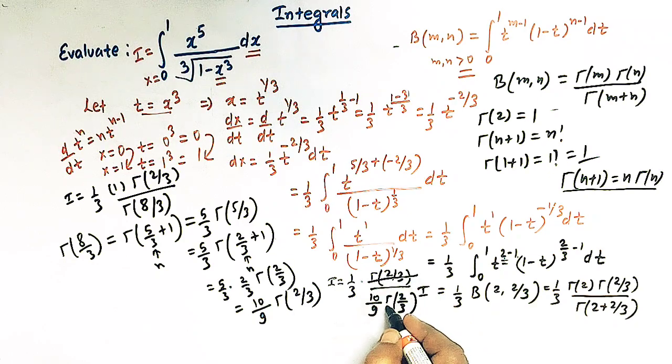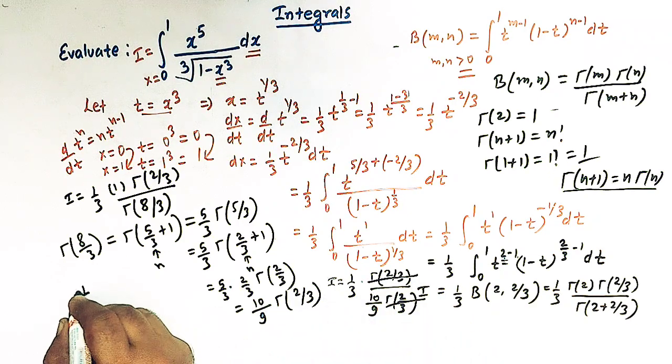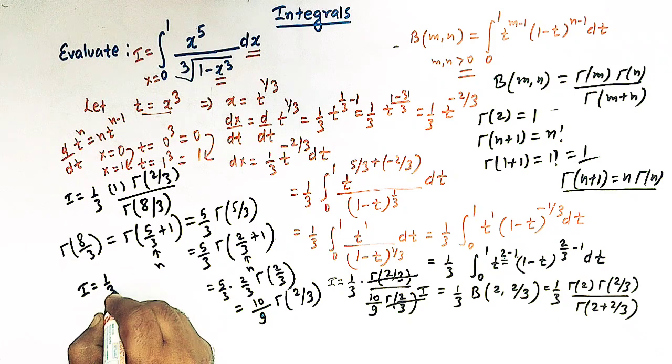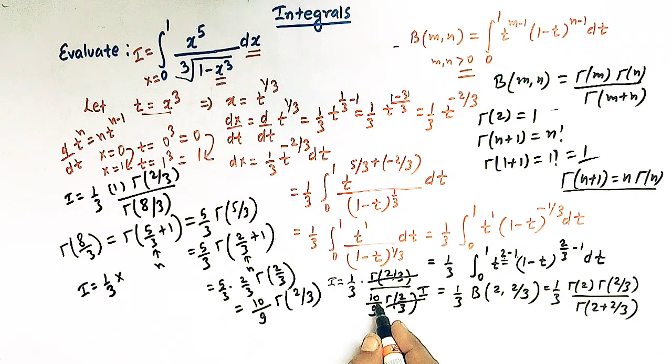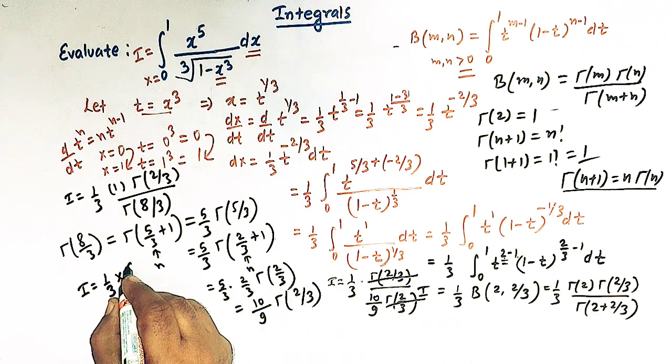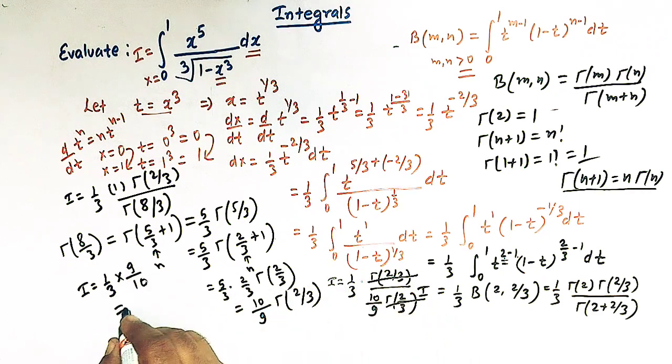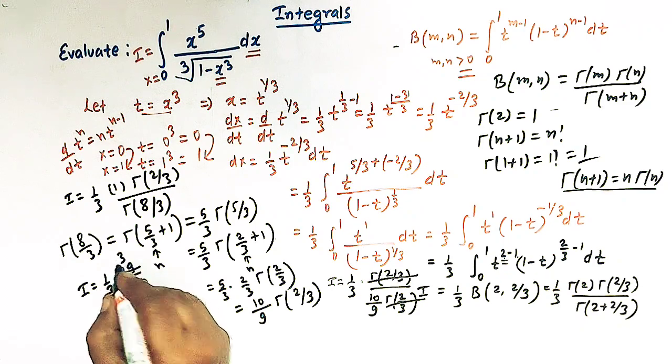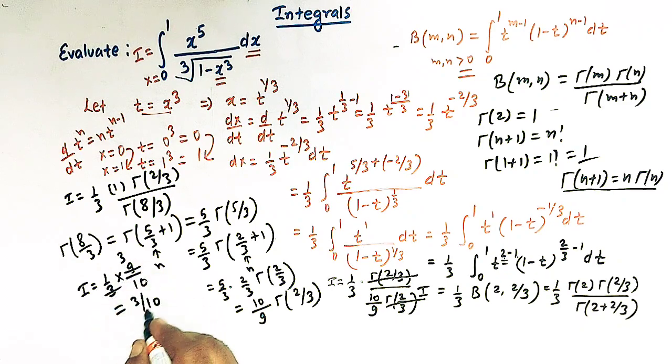Now these two terms get cancelled, and we are left with 1 over 3 times here we have in the denominator 10 over 9. So taking 9 to the numerator, we have 9 over 10. So this is 3 times 3 is 9, that is 3 over 10.